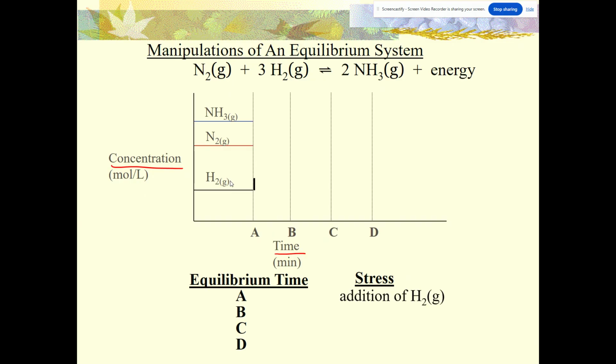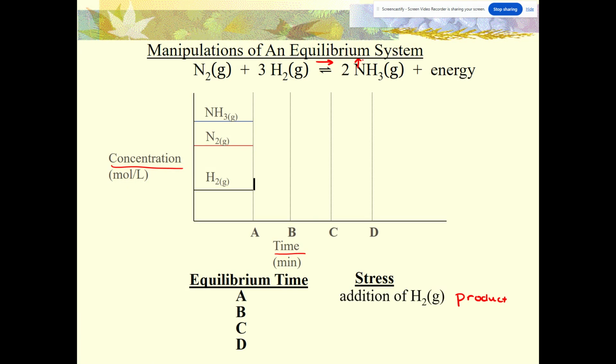Then it's going to go through a shift, and the shifting process will be seen as a curved line because it doesn't instantaneously change, it slowly reacts, so it slowly increases or decreases. Okay? If I'm adding hydrogen gas, which is a reactant, it's going to shift to the product side. So what that means is the concentration of my product is going to go up.